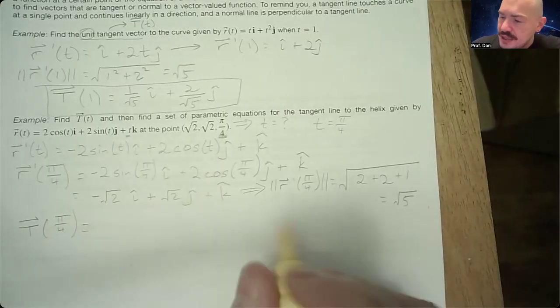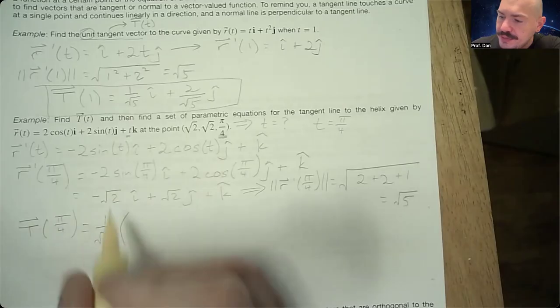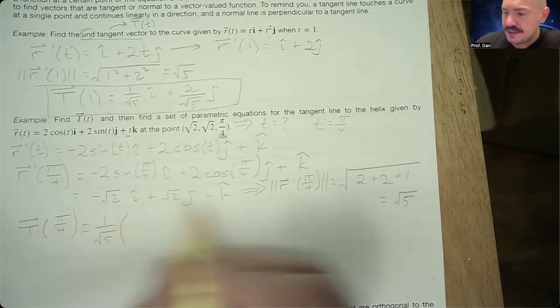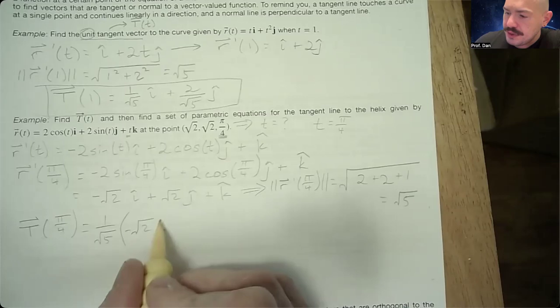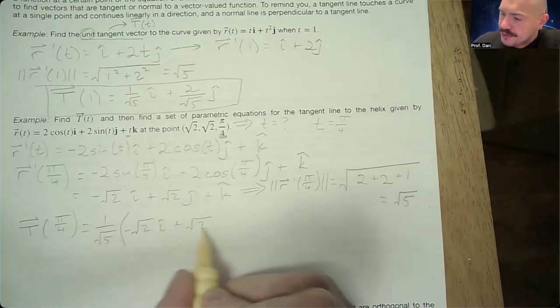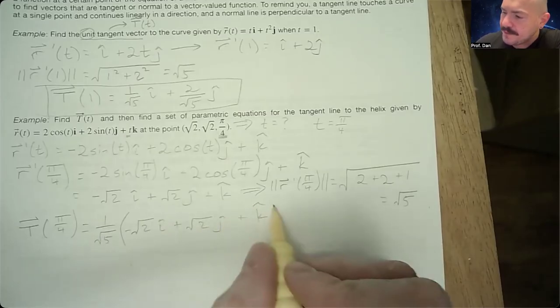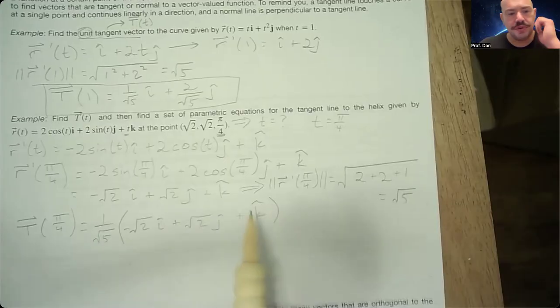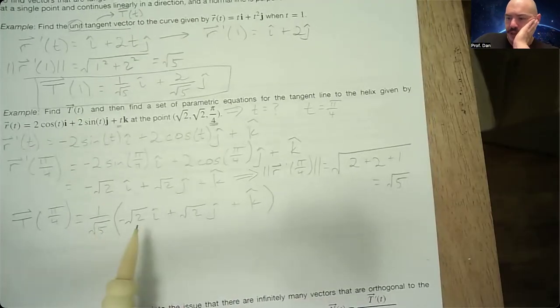That's going to be 1 over the square root of 5 multiplied by basically this guy, so negative square root 2 i plus the square root of 2 j plus k. And at this point we have our unit tangent vector.